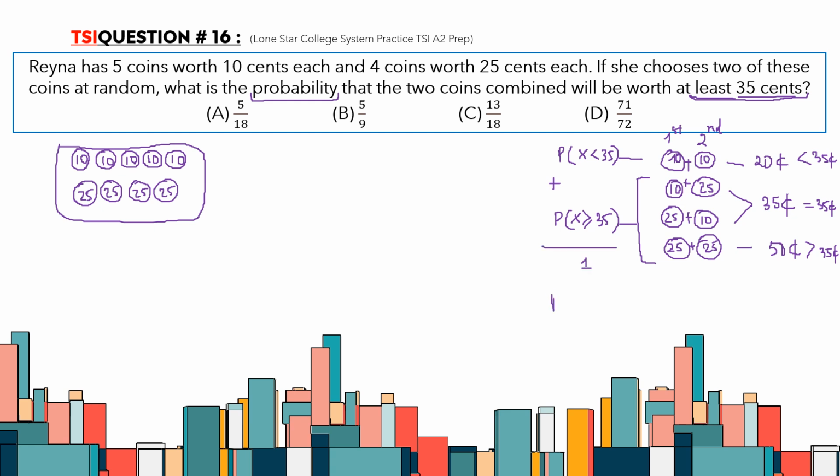So to find the probability of the event that x is greater than or equal to 35, we can take 1 and then just subtract the probability of the event that the 2 coins' combined value is less than 35 cents.